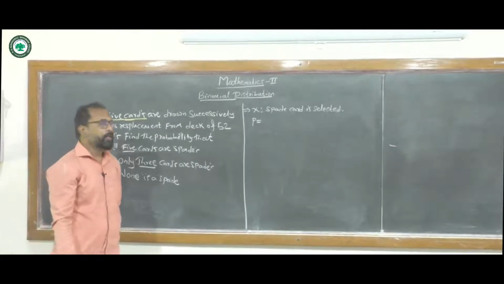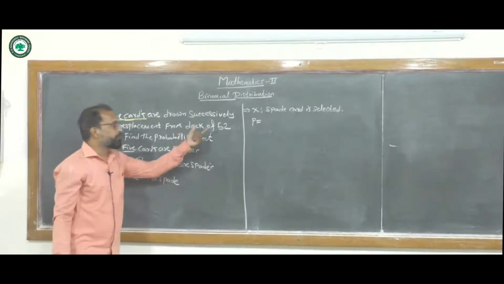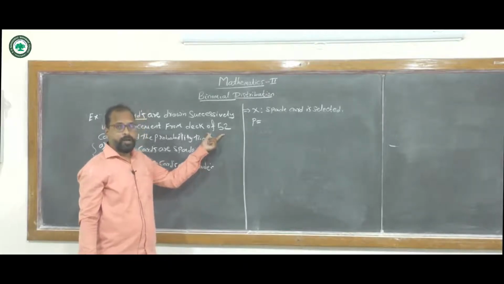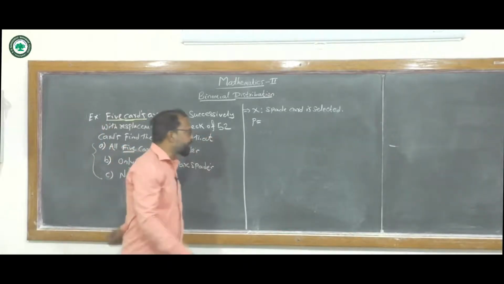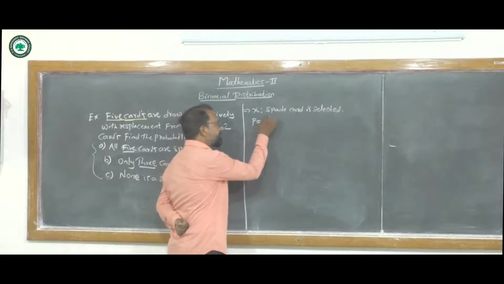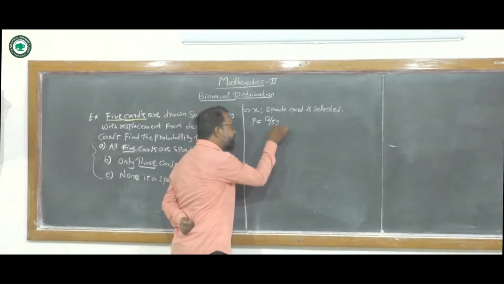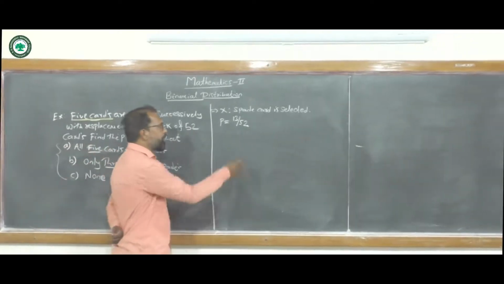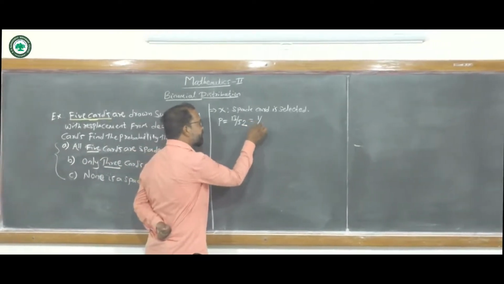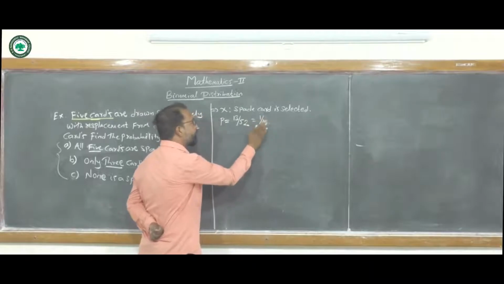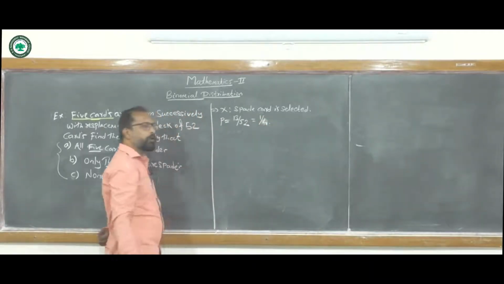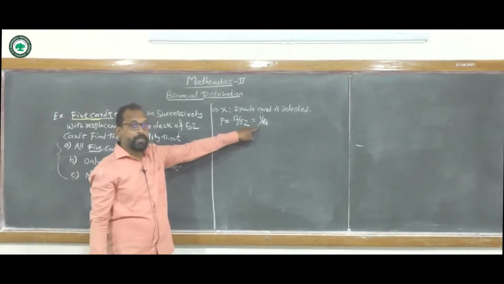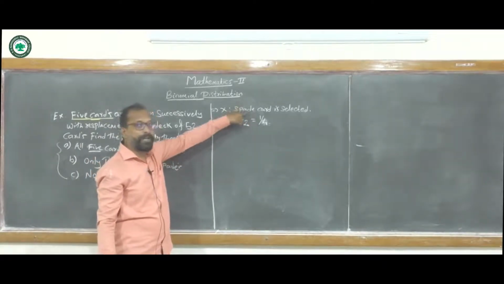Now we know that in a well-shuffled deck of 52 cards, there are 13 spade cards. So the probability of success is 13 upon 52. After simplification, it becomes 1 upon 4. This is the probability of success, that is, the probability that the selected card is a spade card.